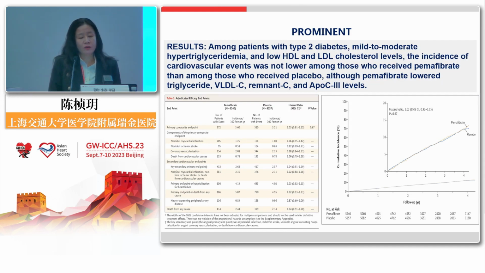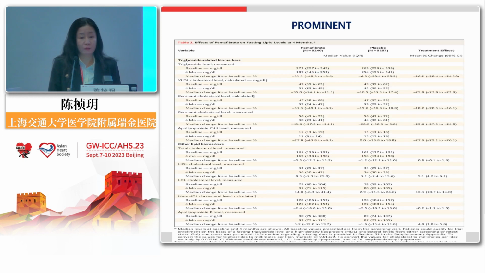In patients with type 2 diabetes, mild to moderate hypertriglyceridemia, and low HDL-C and LDL-C levels, the incidence of CV events was not lower among those who received pemafibrate than among those who received the placebo. Even though we can see pemafibrate lowered TG, VLDL-C, remnant cholesterol, and ApoC3 levels significantly.